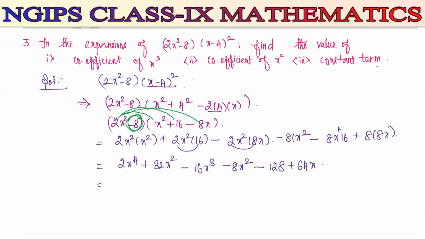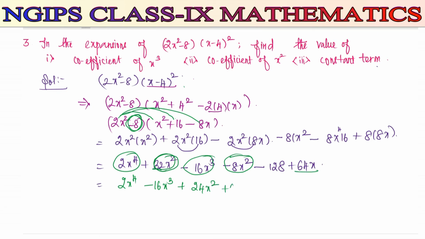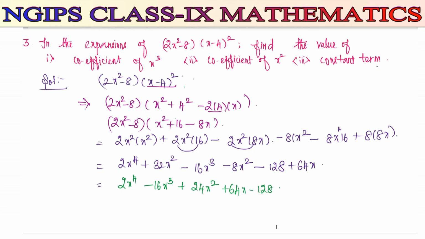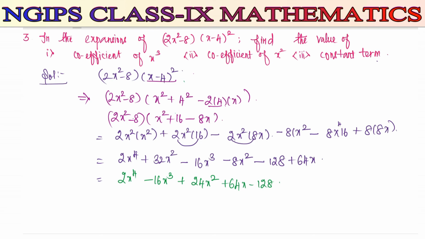First we have power 4, so 2x power 4, next x cube, so minus 16x cube, and next plus 32x square minus 8x square, so here you will get plus 24x square, and we have plus 64x minus 128. This is the final answer. Further we cannot simplify this expression.